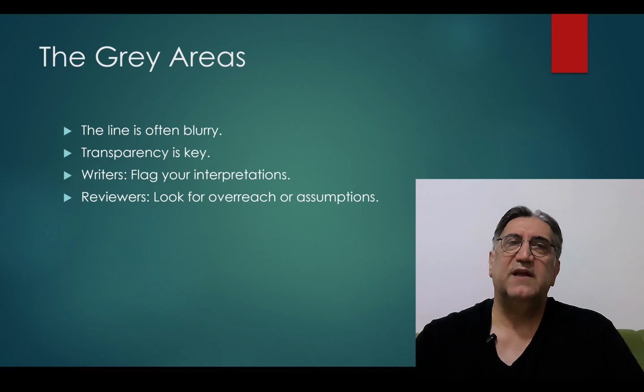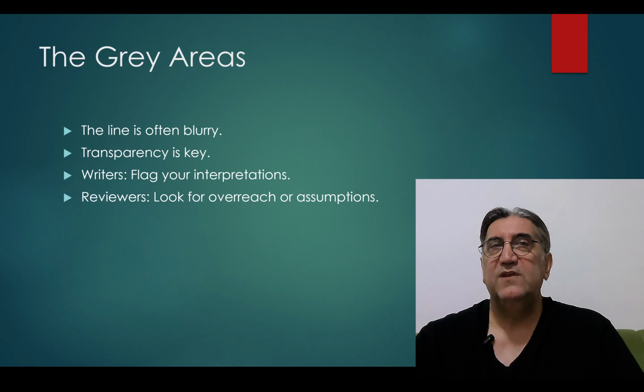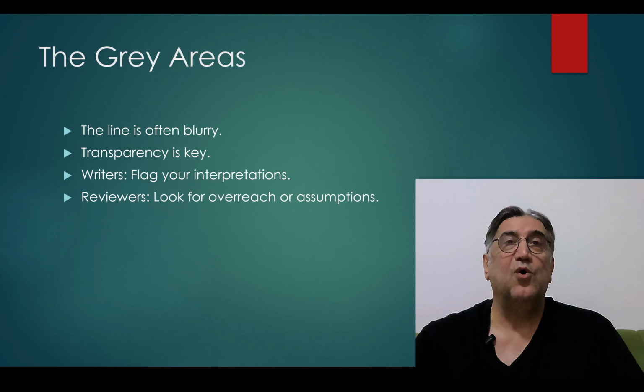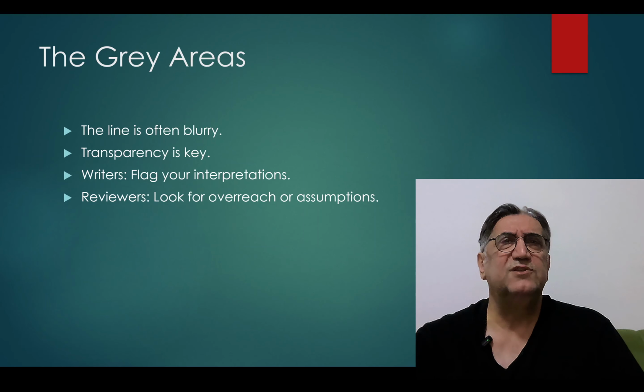Use phrases like, this suggests, this may reflect, one possible explanation is. If you are reviewing, ask whether the author is overinterpreting. Ask whether alternative interpretations have been considered. Ask whether the interpretation is grounded in data or if it's drifting too far into assumption.